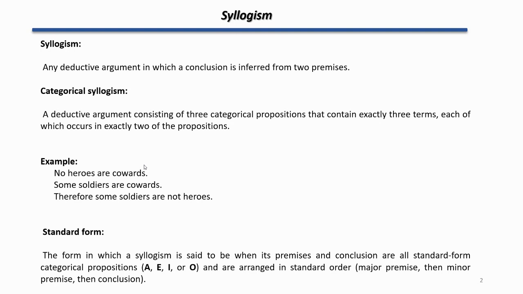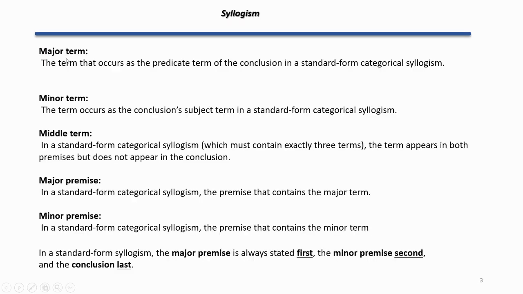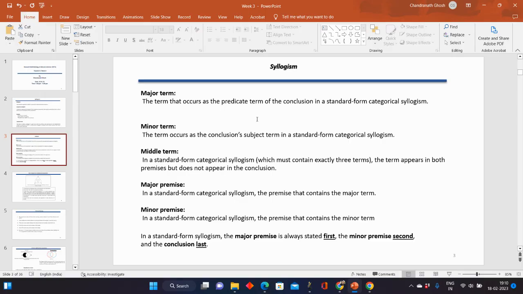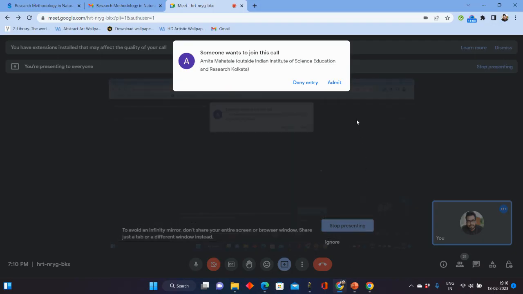Now, what is the major term? The term that occurs as the predicate term of the conclusion in a standard form categorical syllogism. The minor term is the term that occurs as the subject term of the conclusion in a standard form categorical syllogism. These are just terms; I think you will understand when we discuss with lots of examples.